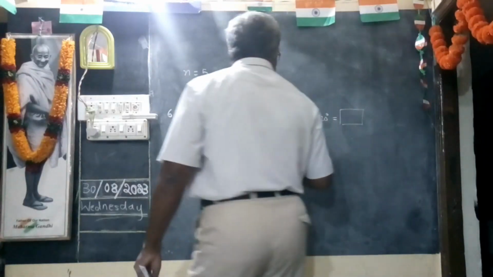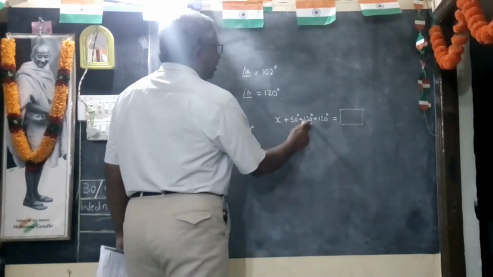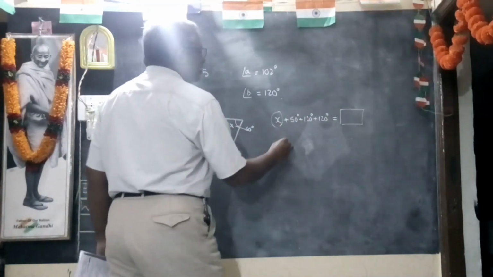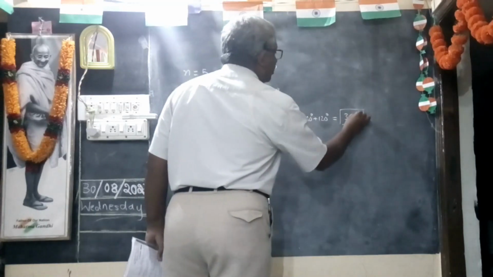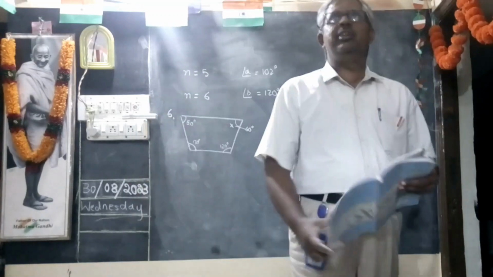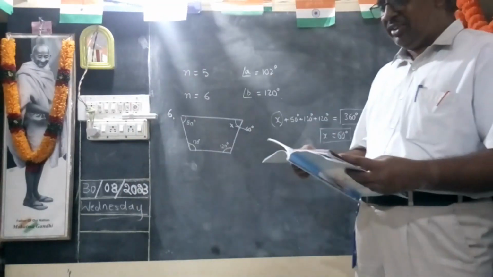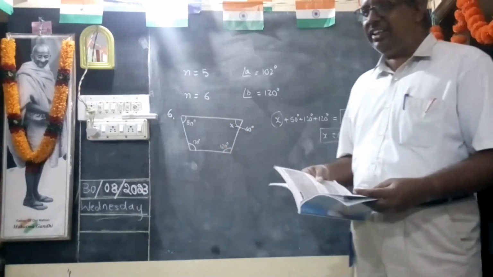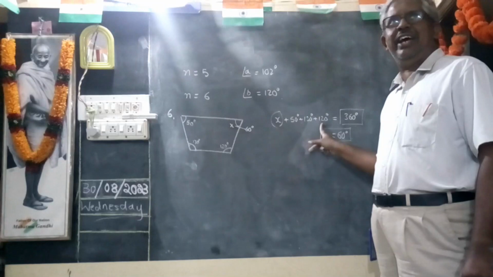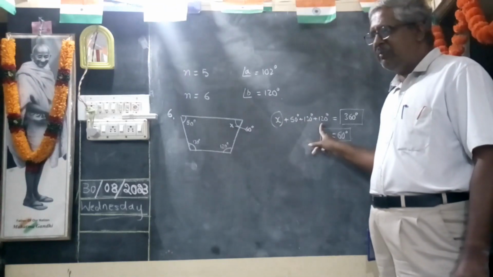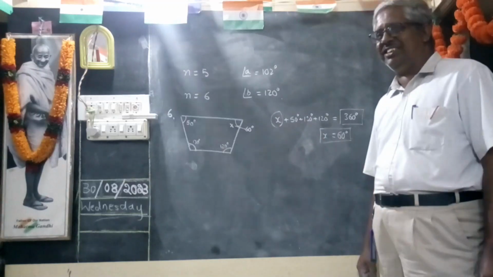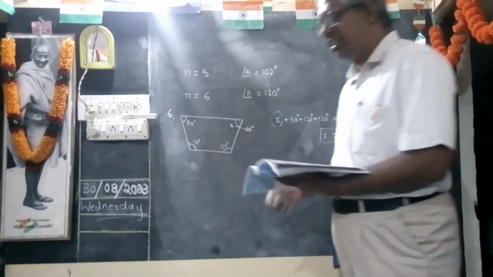If this is 60, okay, 120, 150, 250, 300, and this x should be 60 degrees. So the sum of all the angles in a quadrilateral should be 360, and you have 50, 130 and 120 as the angles at the different vertices, and the remaining one is x, and that should be 60 degrees.